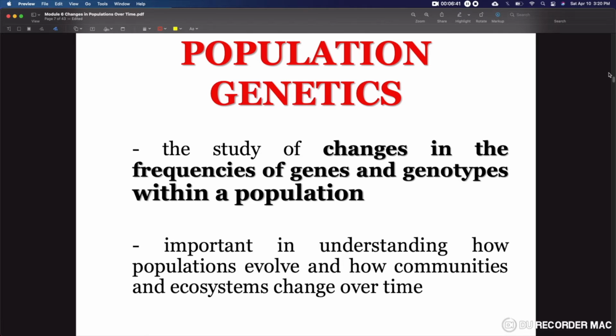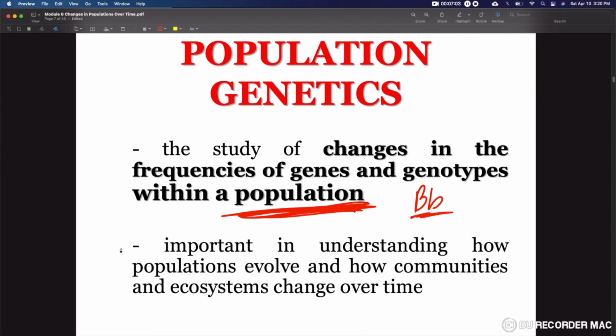We look at the changes in the frequency of genes and genotypes within a population. We look at the population level and see how the frequency of the different alleles changes over time.